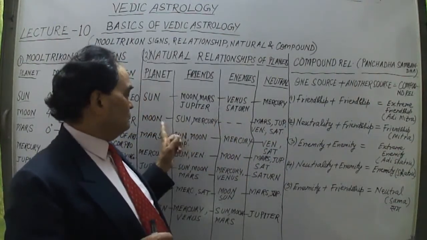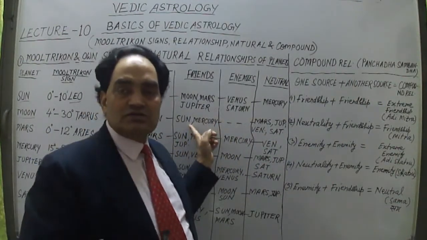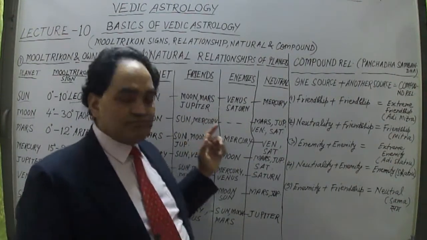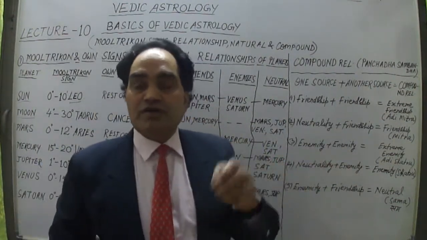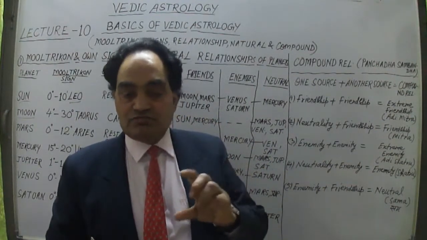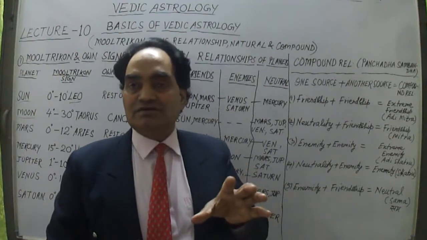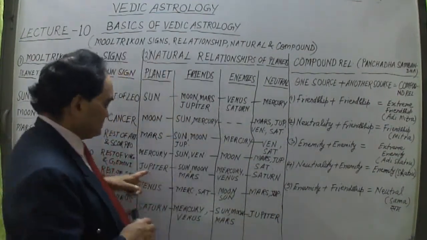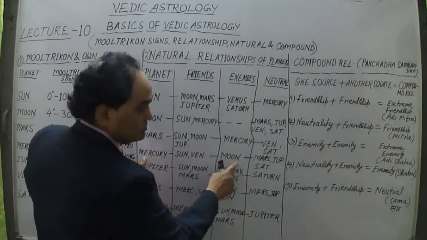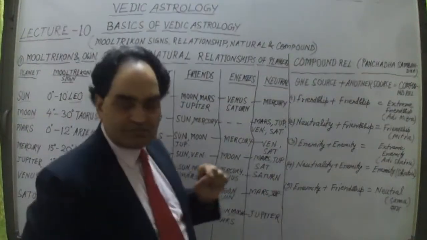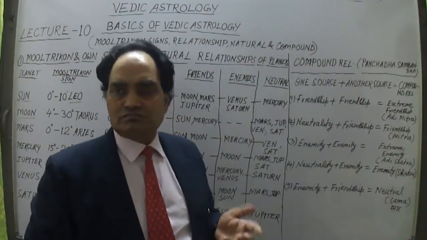What are Moon's friends? Sun and Mercury. Try to understand: Moon has friendship with Mercury, but Mercury does not have friendship with Moon. Let me show you here. Mercury treats Moon as an enemy.